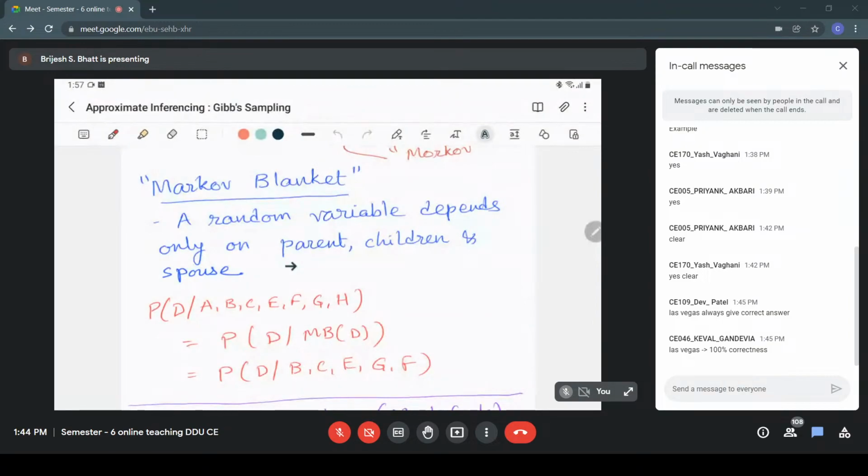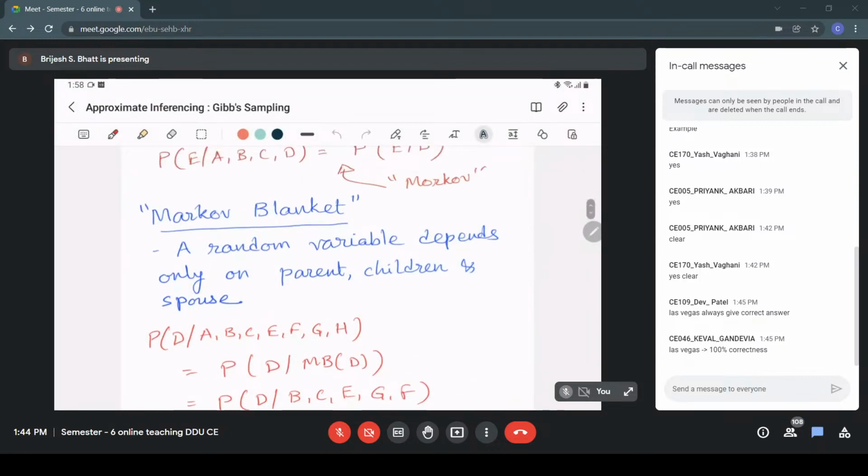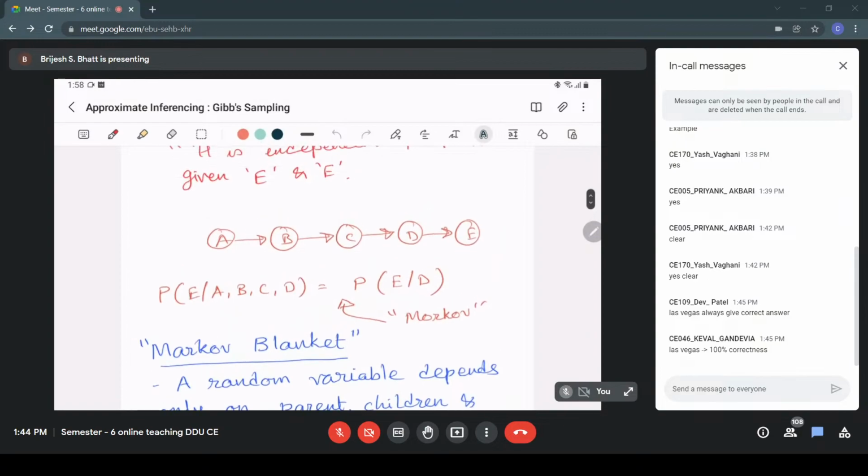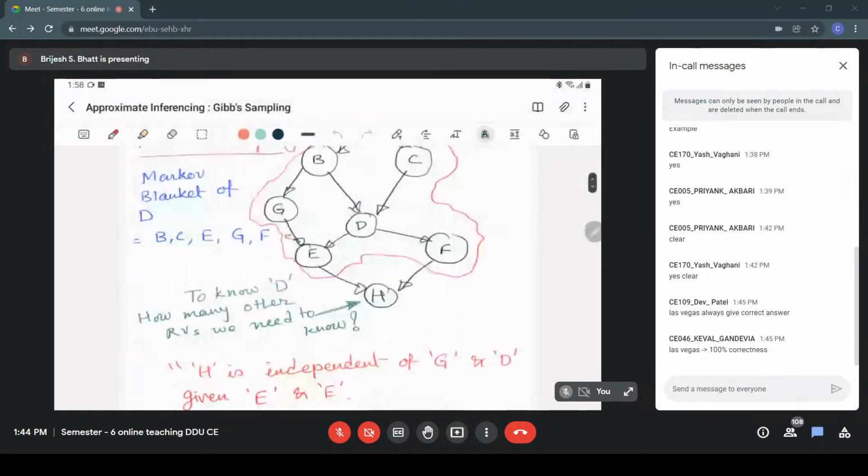Parent means the node just above the random variable. Children means the node just below the random variable. And spouse means the nodes which are common parents. For example, H depends on E and F, so E and F are spouse nodes.